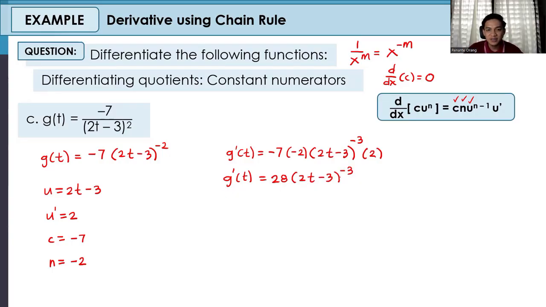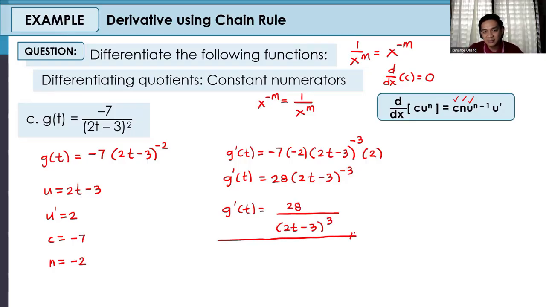So we will just transfer this one pababa. That is x raised to -m is equivalent to 1 over x raised to the +m. So eto magiging g prime of t is equivalent to 28 divided by 2t minus 3 raised to +3.